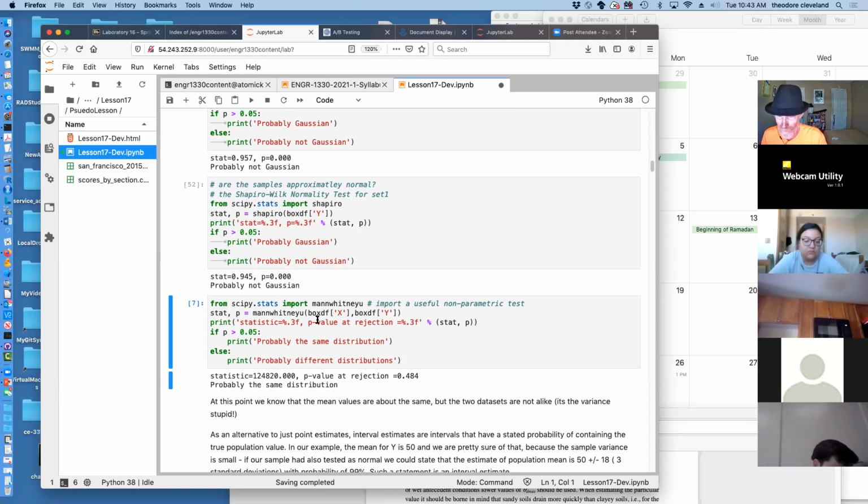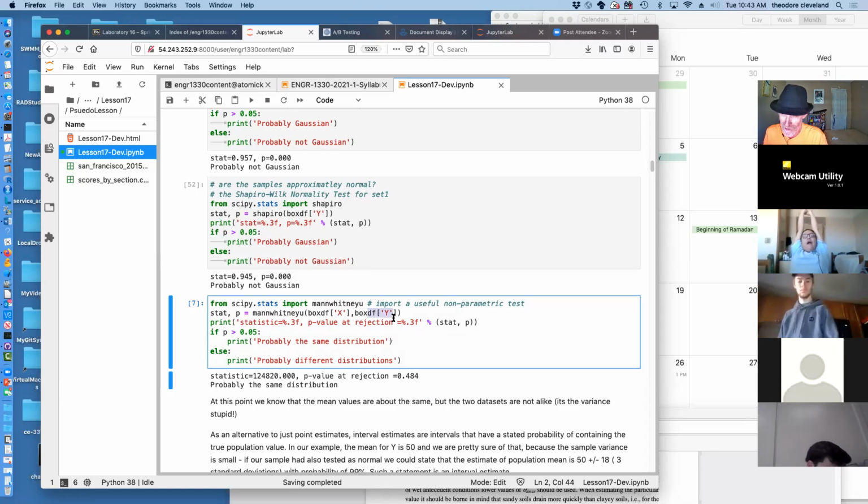So that's what Mann-Whitney test is going to do. It's going to take the mean of X and the mean of Y, actually subtracts one from the other, and then it takes those resulting differences and determines if those differences are explainable by chance or not.